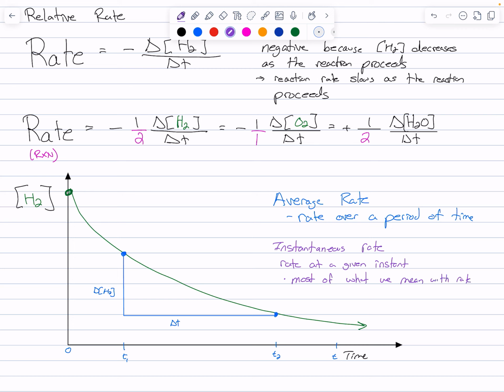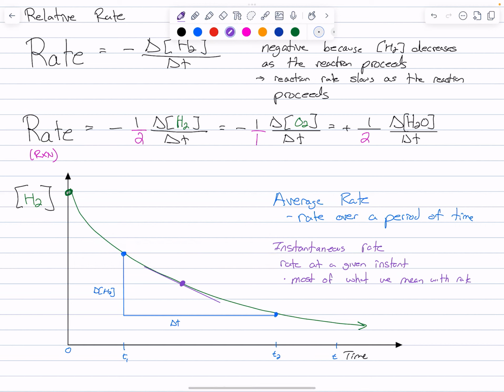My instantaneous rate right there would be the tangent line, if I could draw a tangent line right there.